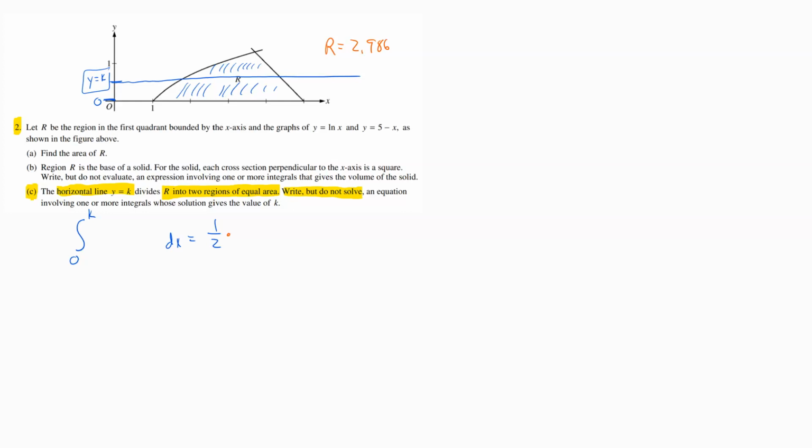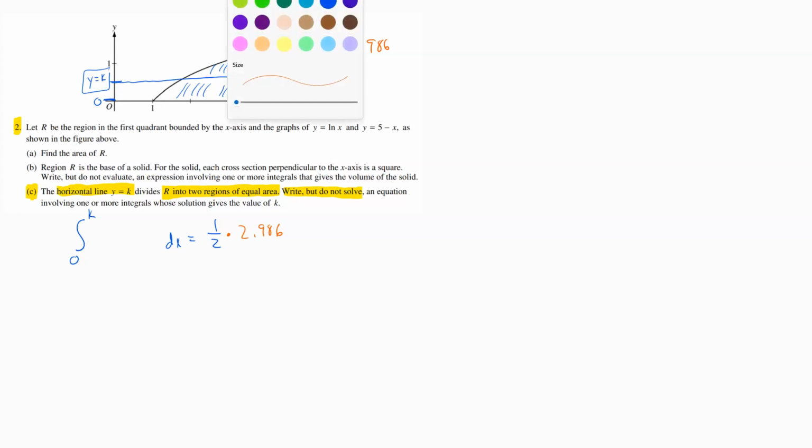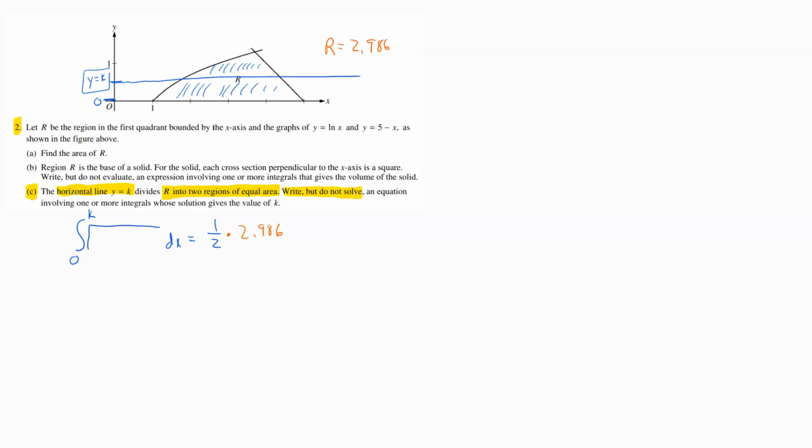So what we want is for the answer to this integral to be half of 2.986. That's what we know going into this. This is the setup, and again, we're not looking to find the final answer. The difficult part on this one was really deciding what I should be taking the integral of.